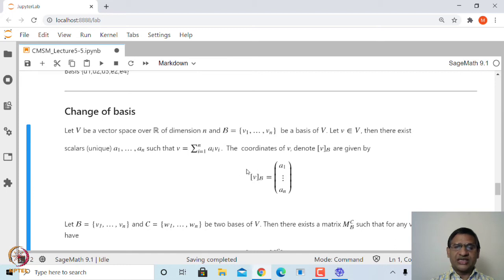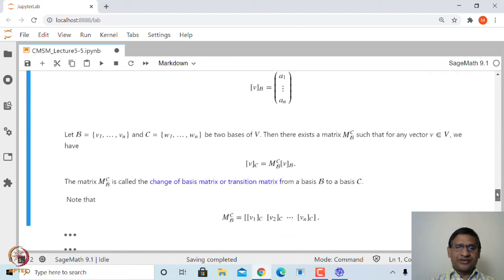These are the 2 bases, and suppose I have a vector small v whose coordinates are A1 to An. So v is the summation of Ai Vi, that means the Ai's are the coordinates. So that we can write as a column vector, the coordinate vector.